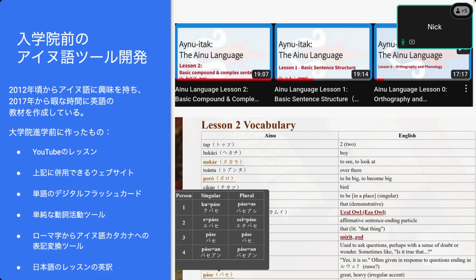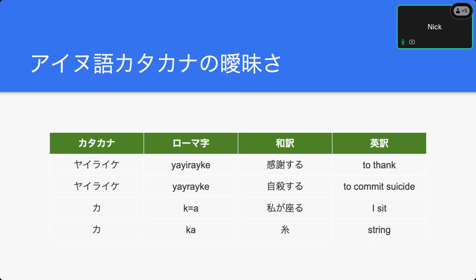And I also worked on some other things, such as something to conjugate Ainu verbs, and a converter from Latin script Ainu to katakana Ainu, which is a fairly easy conversion, but the other direction is not quite so easy. Converting Ainu from katakana to Latin script introduces a lot of ambiguity.